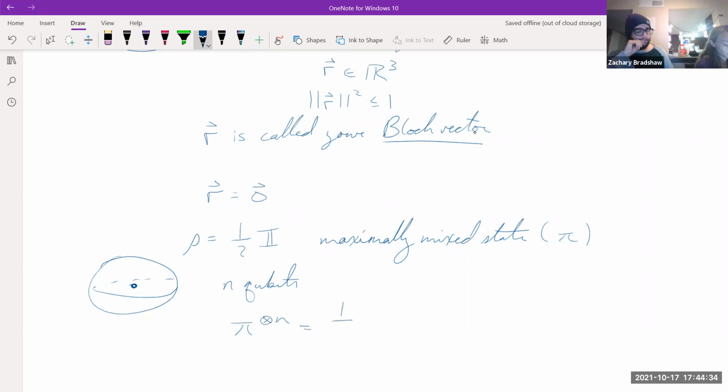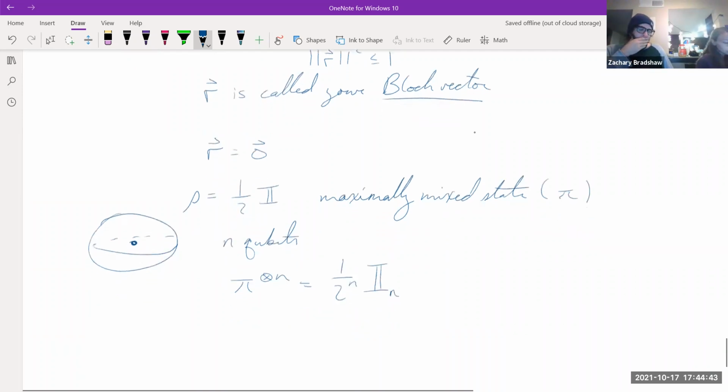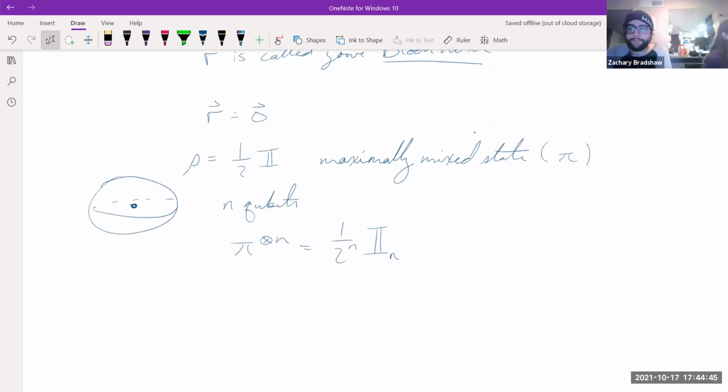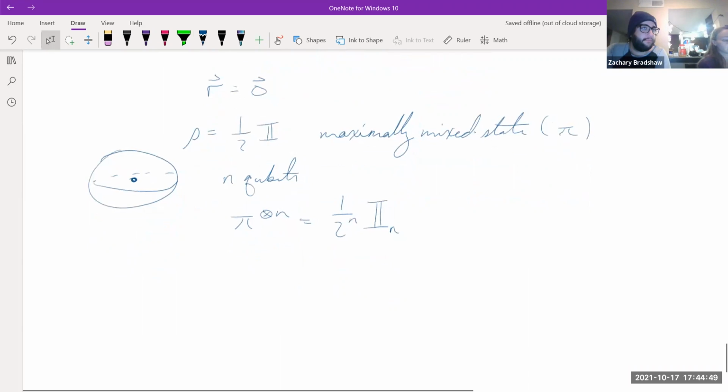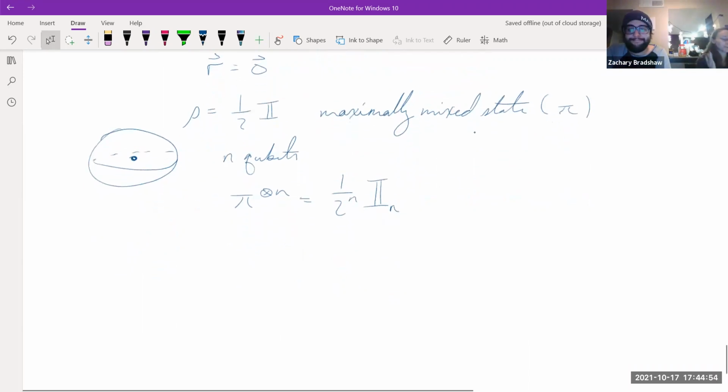This is always equal to 1/2 to the number of qubits times your identity on that number of qubits. So that's one interesting state to know about. For a lot of information processing tasks, you can think of this as the most useless state you can have. It's your least quantum mechanical state.